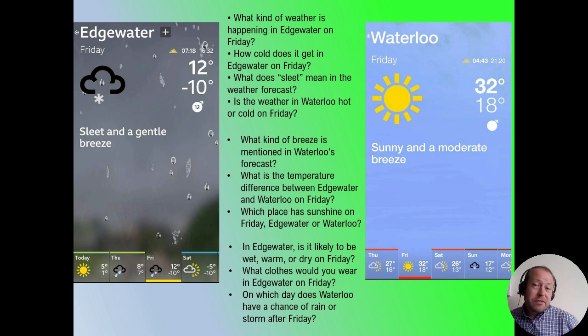So sometimes you can do screen grabs of apps like this, and then you could feed these into a generative AI tool, and you could maybe come up with some questions.